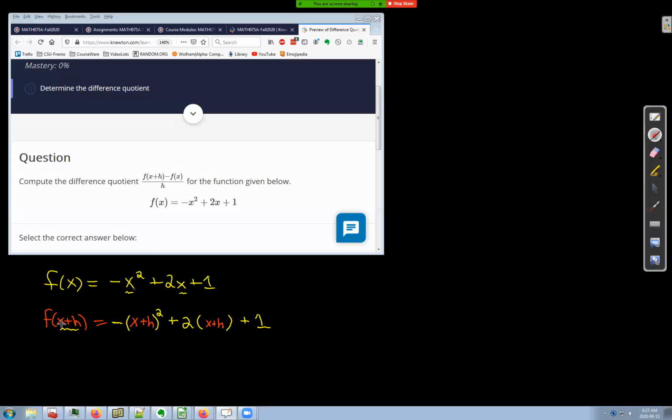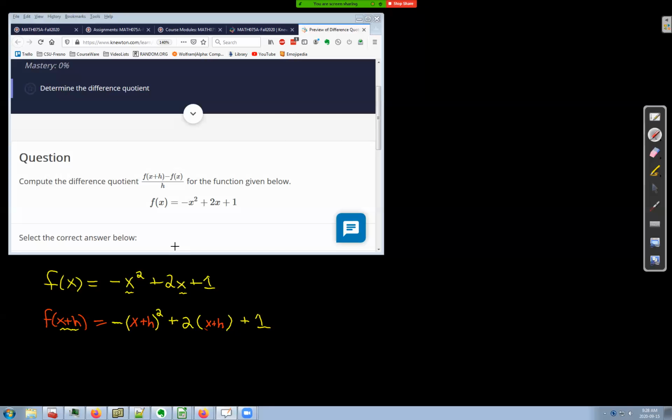So when you make that replacement, the entire x plus h has to get squared. And by using the parentheses the way I did, it helps me guarantee that I'm doing the right thing. And likewise down here, the entire x is getting multiplied by the 2. So when the x turns into x plus h, the entire x plus h has to get multiplied by 2. And so those parentheses are really important.